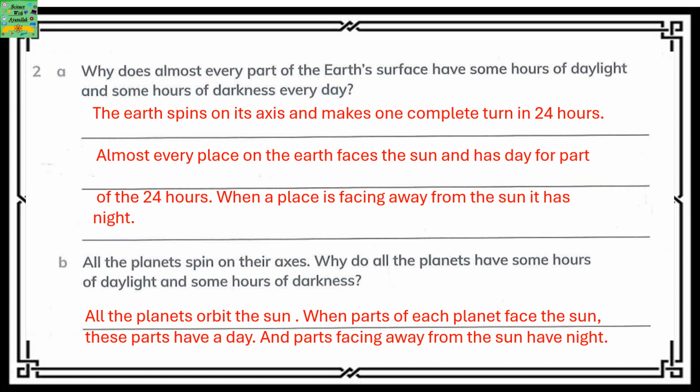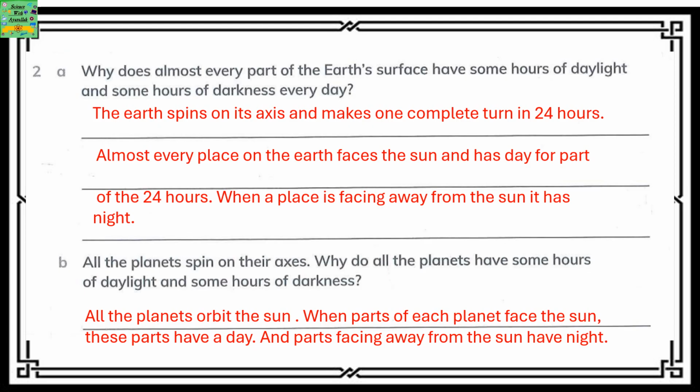As you already know, the sun stays still, and the Earth keeps revolving around the sun. So when one side is facing away from the sun, that is where it is night time. And when it faces towards the sun while revolving, that is when it is daytime.